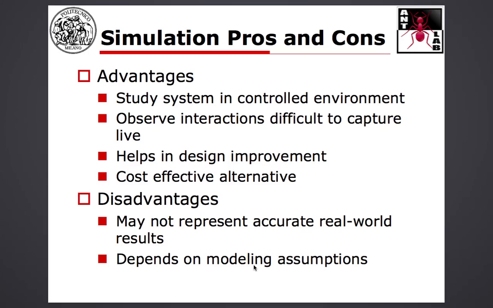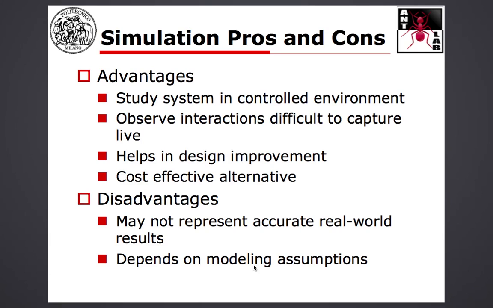And by doing this study, we can, of course, improve the system design, because, for example, we encounter a situation in which there's a bug, and we can solve it by modifying the source code. That is very difficult to do in real life, because when we encounter a problem in real life, we do not know the exact cause of the problem.